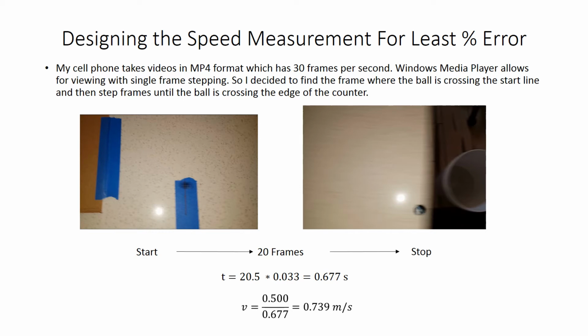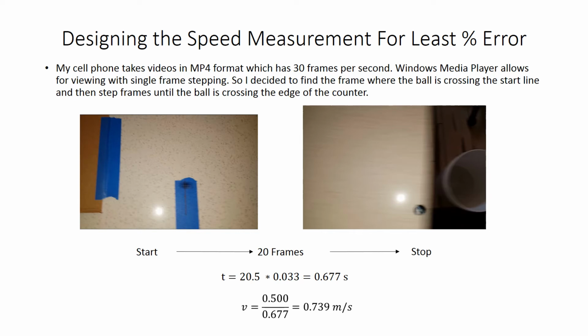If you can view it frame by frame, find the frame where the ball crosses the start line, count frames until you reach the frame where the ball crosses the stop line, and then multiply by the frame time, and you'll have the total roll time of the ball. Provided you can figure out how to view the video one frame at a time.